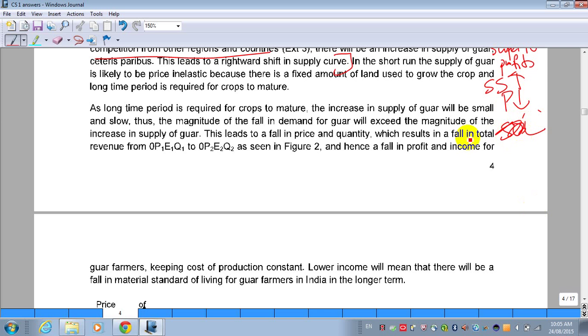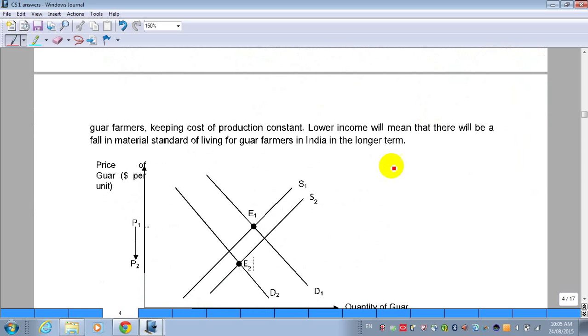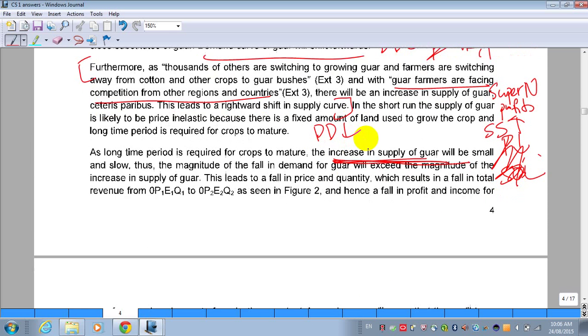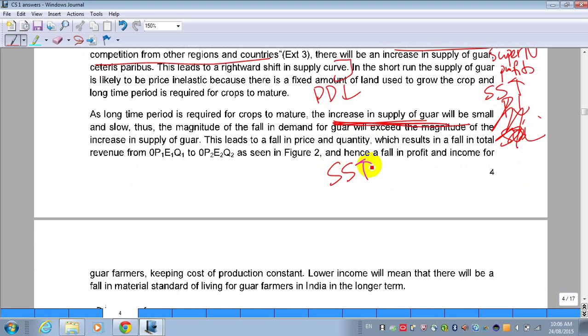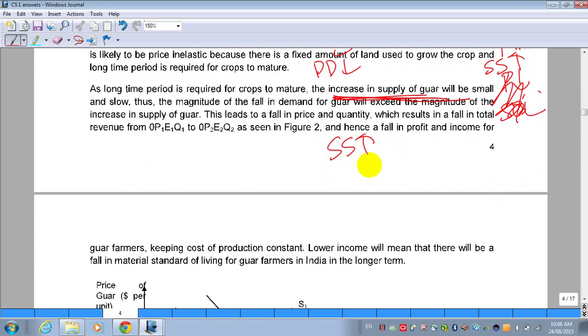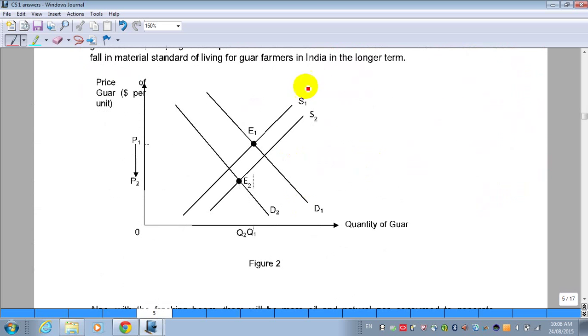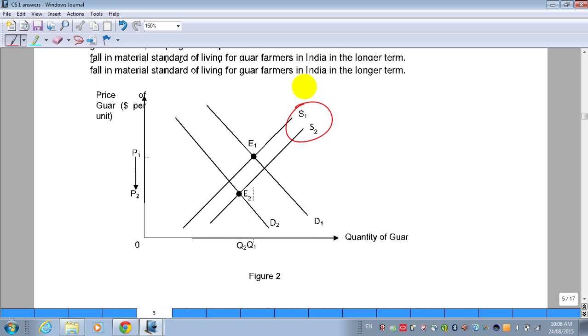They actually talk about how since the supply of guar increases, the analysis here is a bit more challenging, because what they did was to put the demand and supply shift together, that since the demand falls and at the same time the supply of guar increases, because you're attracting new firms into the industry, what they did was that they actually put the two shifts together and they said that the supply shift, the one about attracting more firms to enter the industry, supply would definitely increase less than the fall in demand, because it takes time for crops to grow.